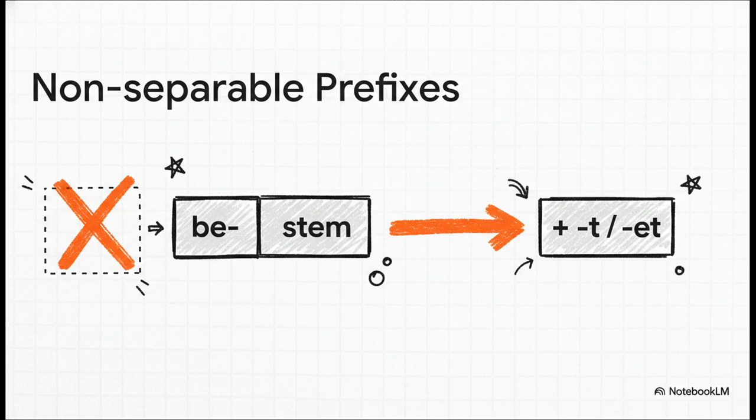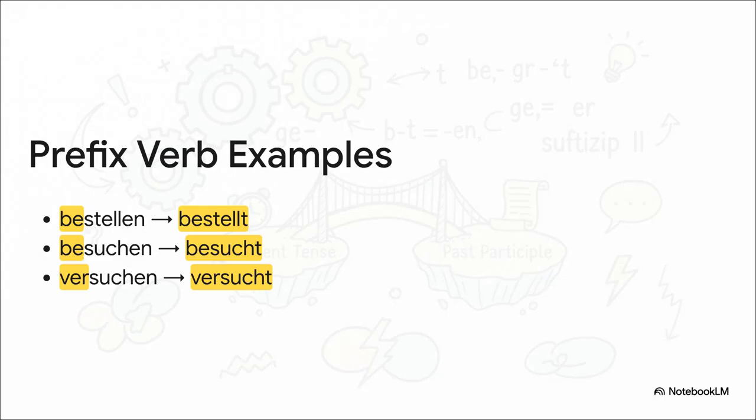That prefix is already doing its job, so adding ge- would just be overkill. You just skip it and add your -t or -et ending right after the stem. These are perfect examples. Bestellen already has be-, so it just becomes bestellt. Besuchen becomes besucht. Versuchen becomes versucht. The prefix that's already there stays put, and you just add the T.